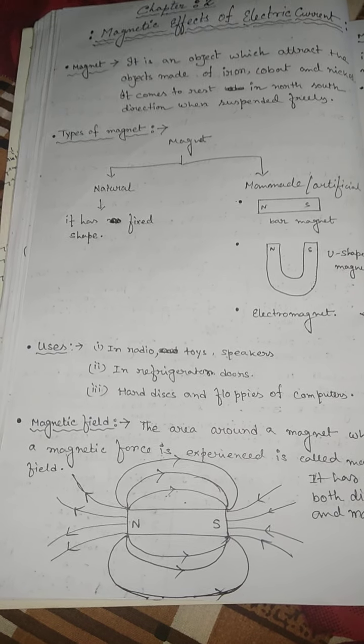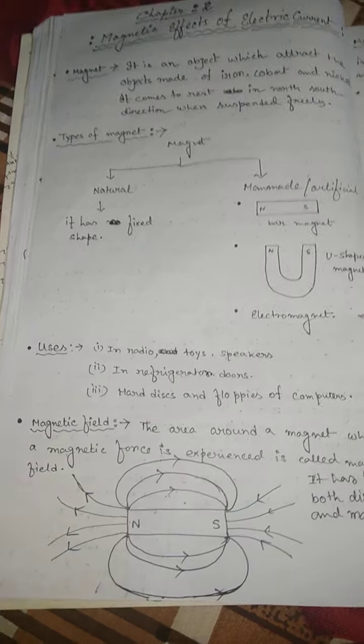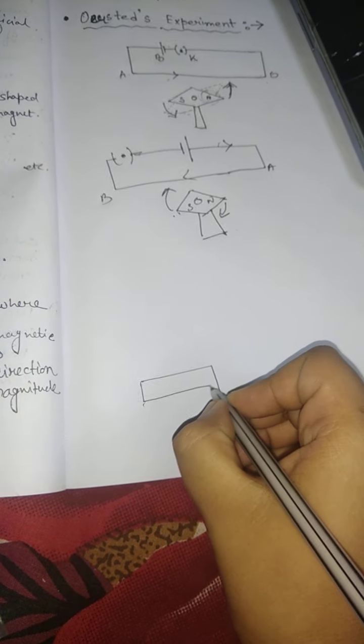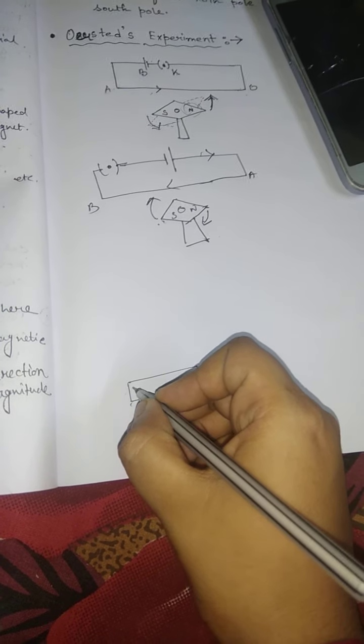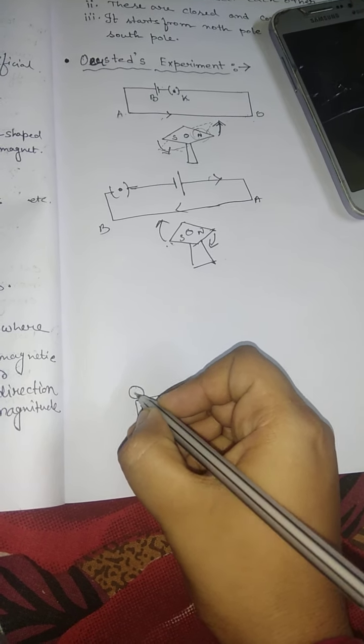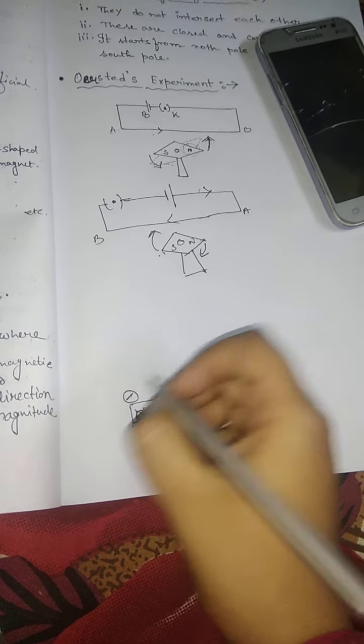If we mark those points, practically we can also do it. Suppose this is a bar magnet, this is N, this is S, and we place a compass here.